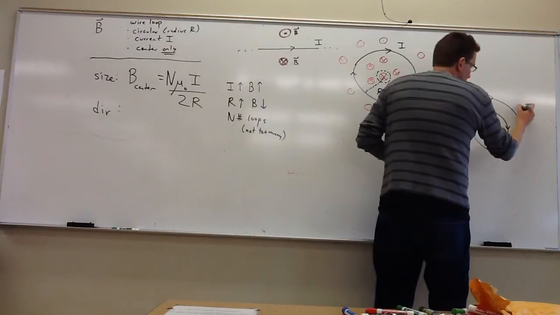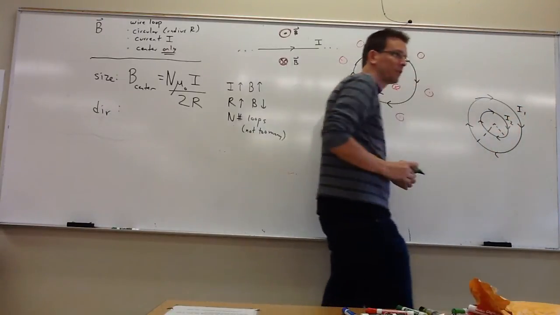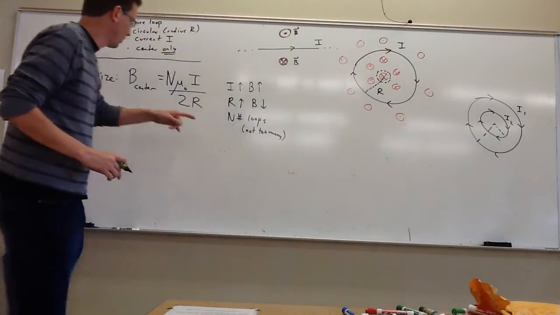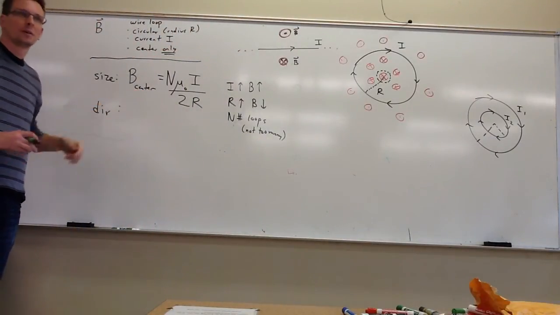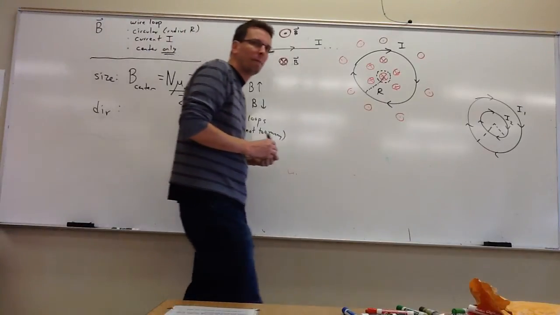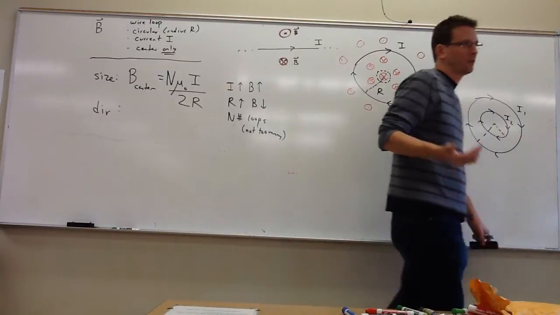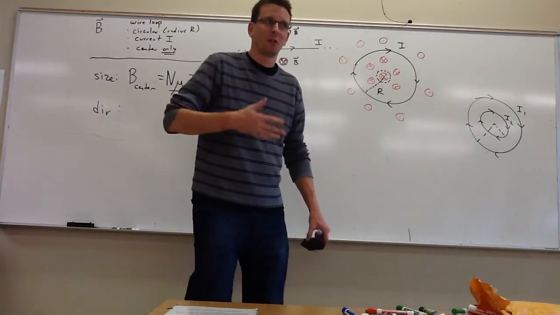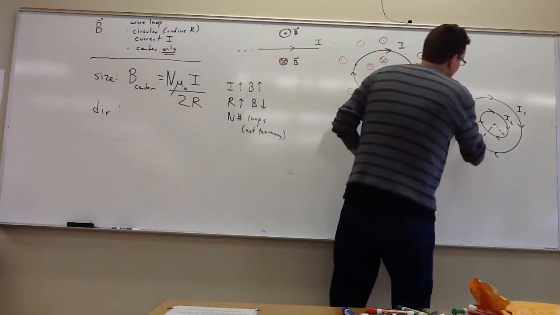They could have different currents and different radii, but they would have to share a common center because we can only find the magnetic field in the center of a loop. We can't find it in other places. So the principle of superposition that we use for electric fields, we can use it here too. Okay.